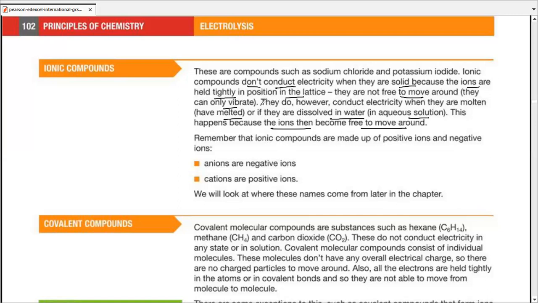So in both cases, when they're melted, converted into liquid form, or dissolved in water in aqueous solution, they're able to move freely. When that happens, they will carry the current and they will become conductors. Remember, anions are negative ions and cations are positive ions. These are the names that we give them properly. We're going to also study the same names in this chapter.